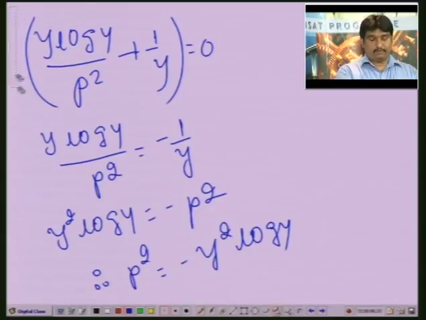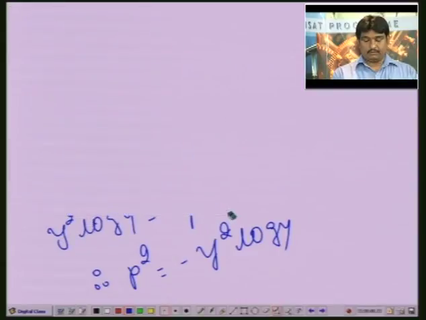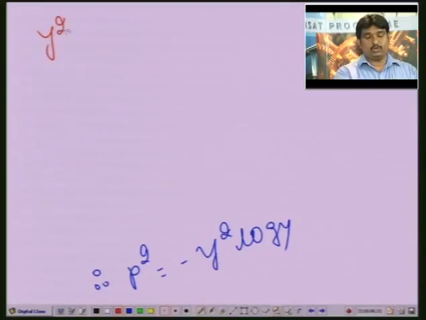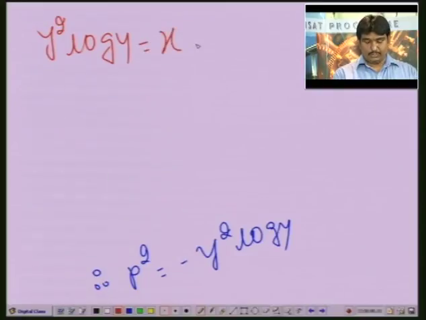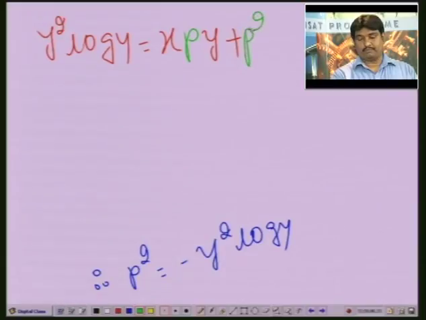Now, consider the given differential equation. The given differential equation is y square log y equals x p y plus p square.